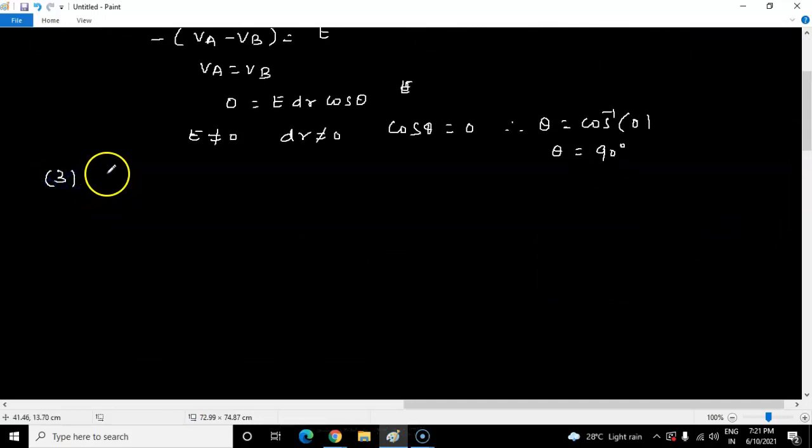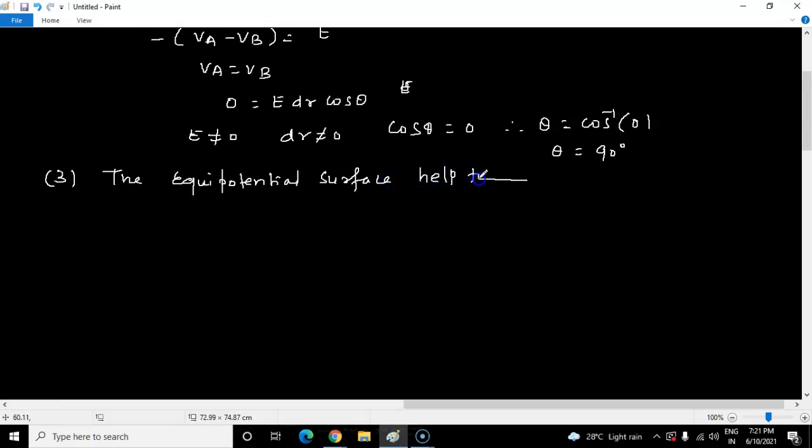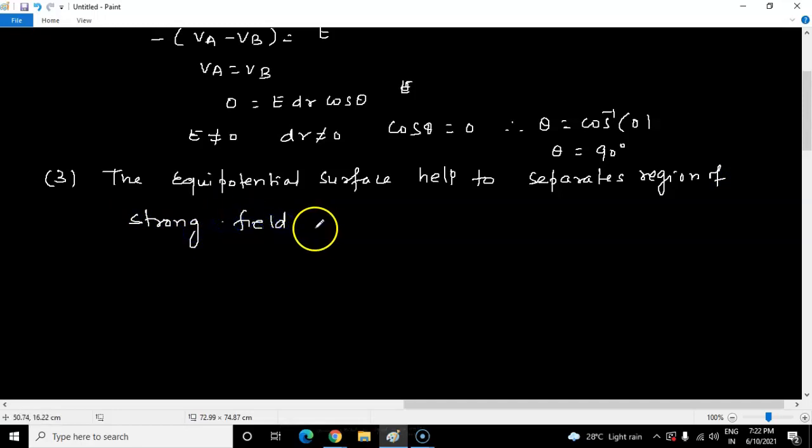Third point you can write here: the equipotential surface helps to separate the region of a strong field from those of a weak field.